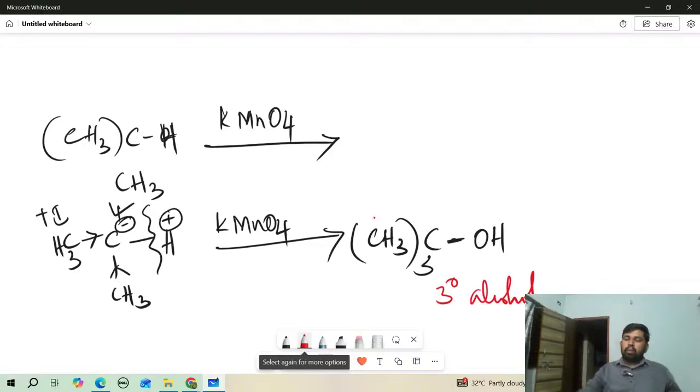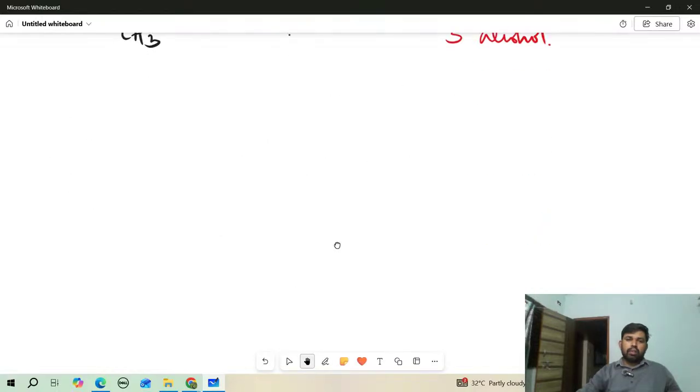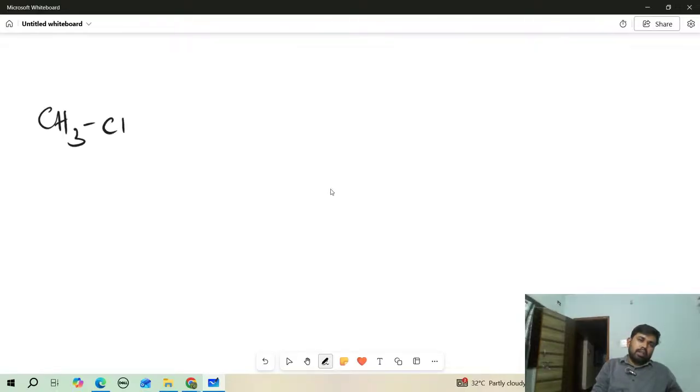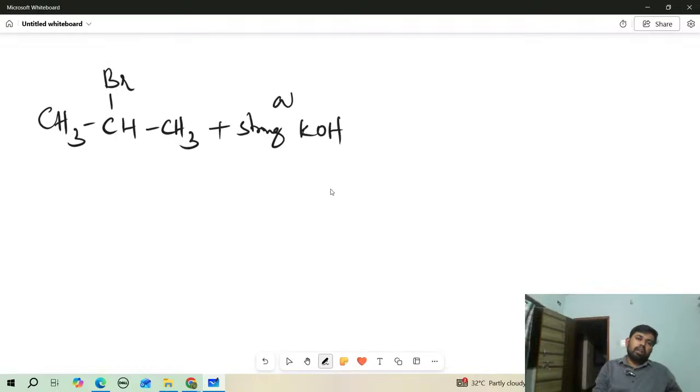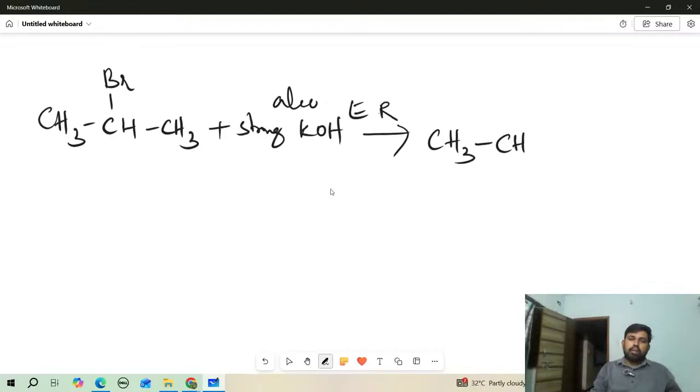There is one more alternative method. Suppose we have the alkyl halide CH3CHBrCH3. If, instead of a mild base, we use strong alcoholic KOH, an elimination reaction takes place and forms CH3CH=CH2.